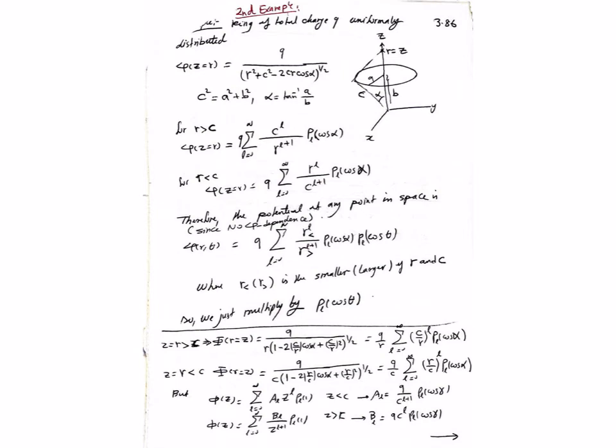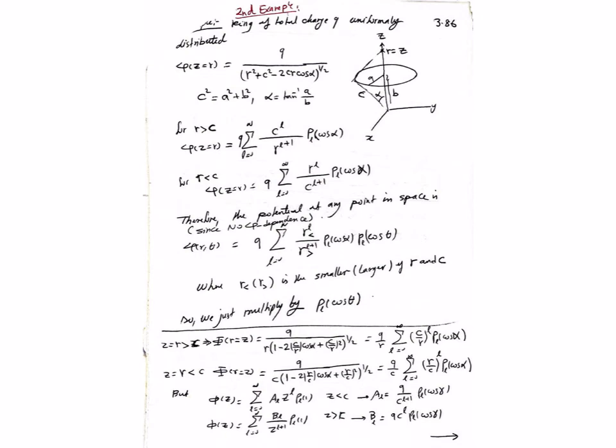We can, for r greater than c, write phi for the point along the z-axis, the field point, equal to q times the summation from L equals 0 to infinity of c to the power L over r to the power L plus 1, P sub L of cosine alpha.